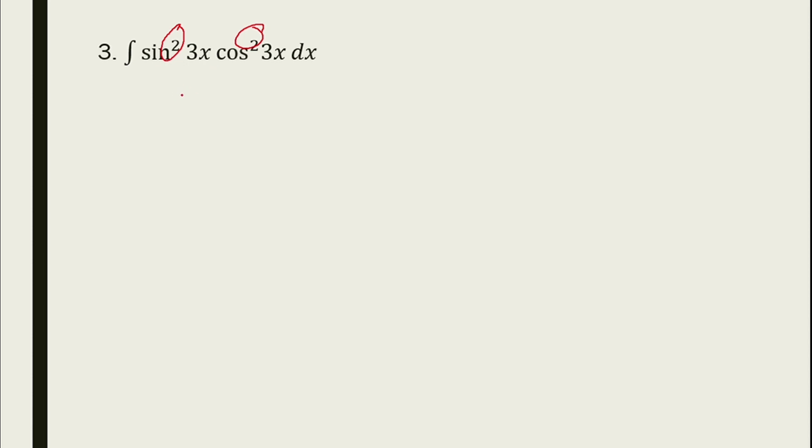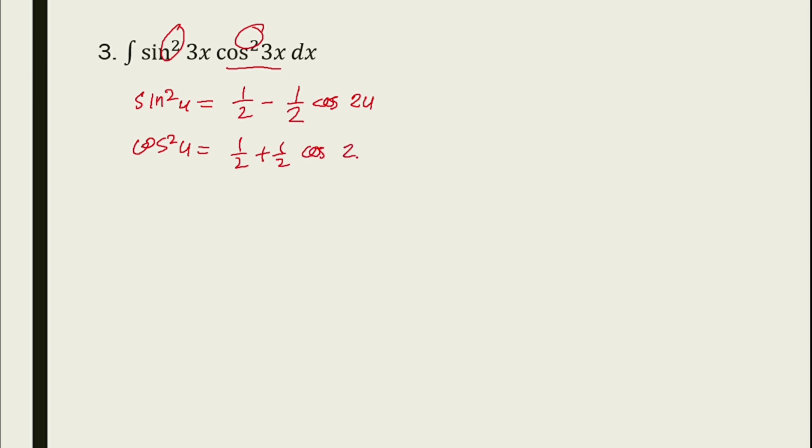In case number 3, we are going to make use of sine squared and cos squared. The transformation of sine squared u is equal to 1/2 minus 1/2 cos 2u. And the transformation of cos squared u is equal to 1/2 plus 1/2 cos 2u.